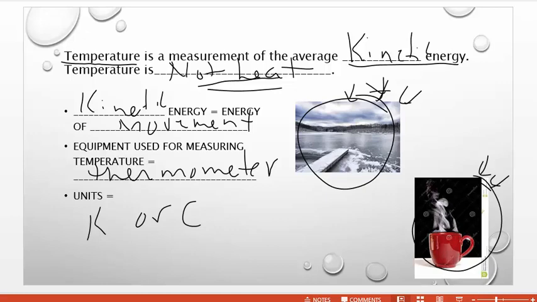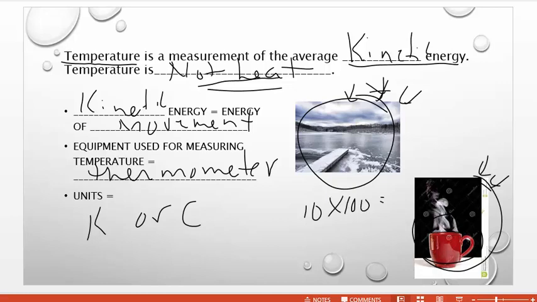So let's just take the cup of coffee first. Let's just say for our purposes that there's 10 molecules in there. Now that's probably going to be multiplied by 1 billion in real life, but we're just going to say that there's 10 molecules in there because there's obviously a lot less in this coffee cup than there is water molecules in the lake. And let's just say that its temperature is high, which means the average movement of those molecules is really high, and I'm going to say the average is 100.